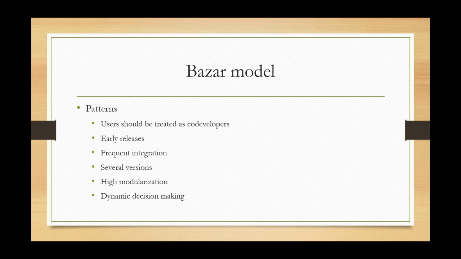You should have some modules: the first module, the second module, the third module. Having many modules will allow co-developers to deal with the different modules in parallel. So it allows what we call parallel development on independent components.